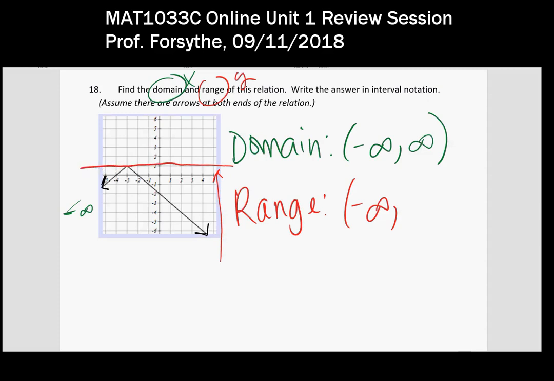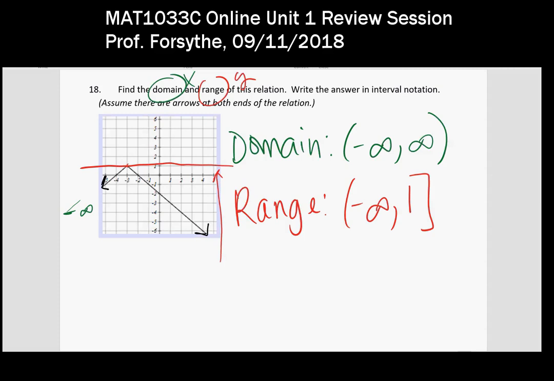It stops at 1, and there is a point on y equals 1, so we're going to use a bracket. Remember, for domain, you think left to right, all of your possible x values. For range, you think bottom to top, all of your possible y values.